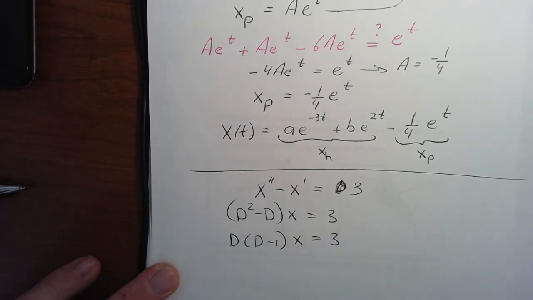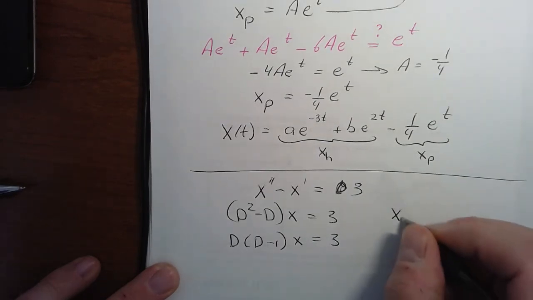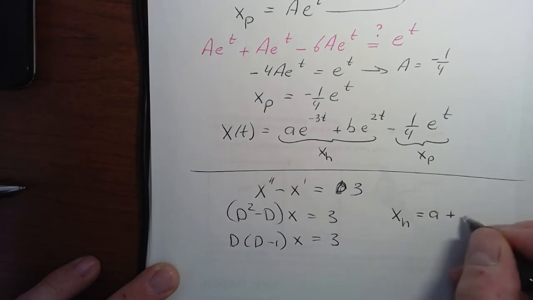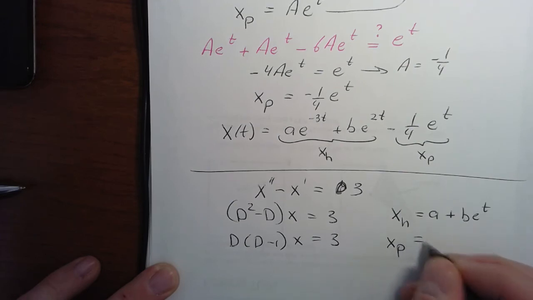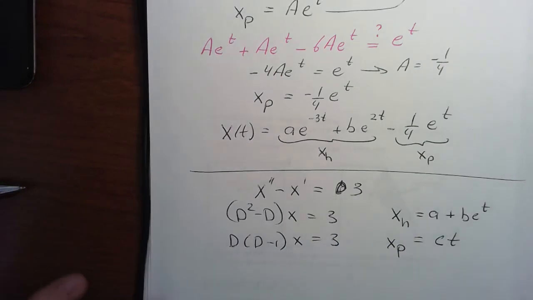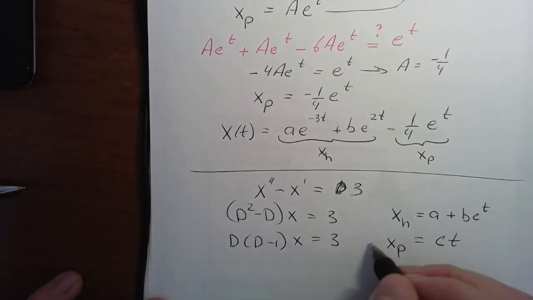3 is in the kernel of d, so my homogeneous solution is a constant plus a constant times e to the t, and my particular solution can't be a constant. It'll have to be some power of t, some multiple of t, so like ct, for example, could work. How do I figure out what the constant is?